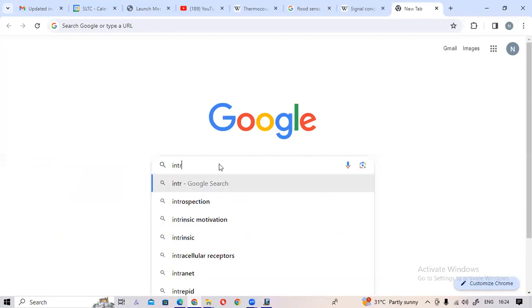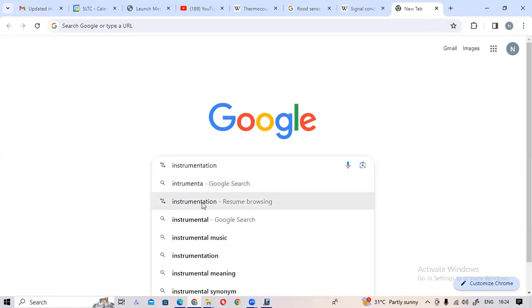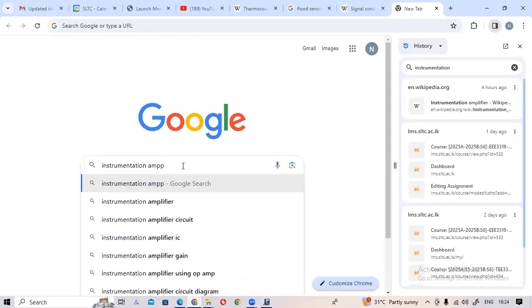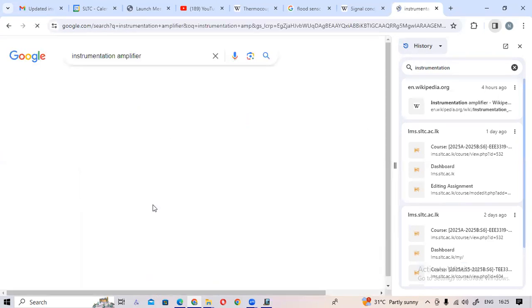Instrumental amplifier. Instrumentation amplifier. It is said, I am not sure about that actually.